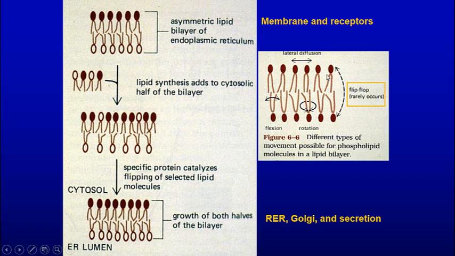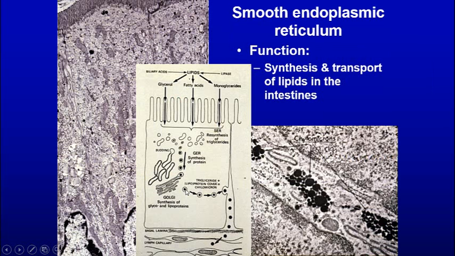That's how it's able to build a lipid bilayer, because they're added to the outside and then flipped over to the inside to make even lipid bilayers. So that's in the rough endoplasmic reticulum, Golgi and secretions. So here we can see this enzyme which allows it to flip.